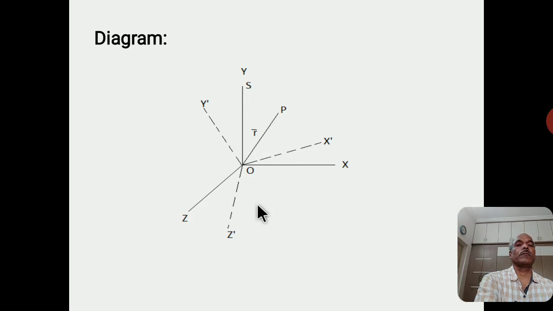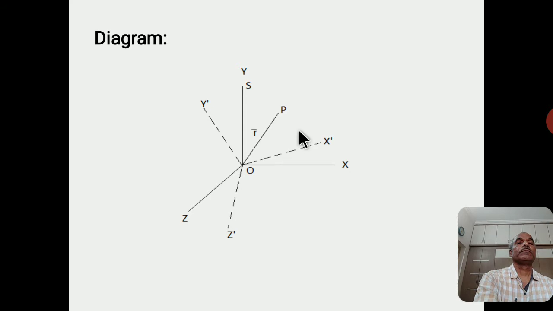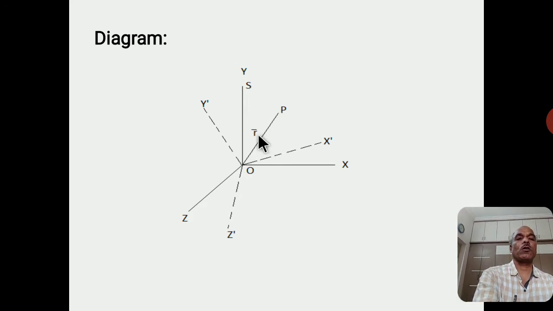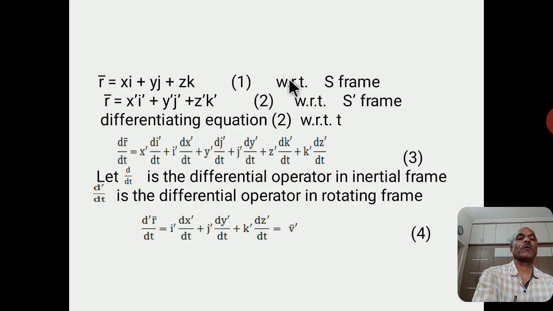This is the diagram in which S represents the inertial frame, O is the origin, and the dotted coordinate represents the S' frame. P is the moving particle whose position vector is r with respect to both S and S' frame.